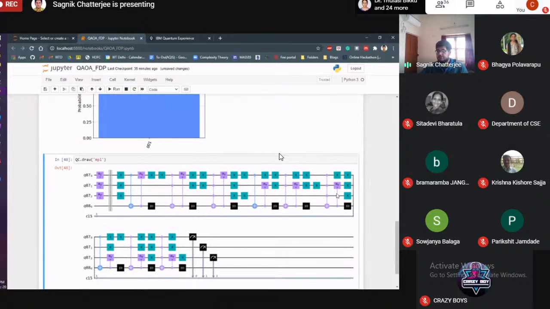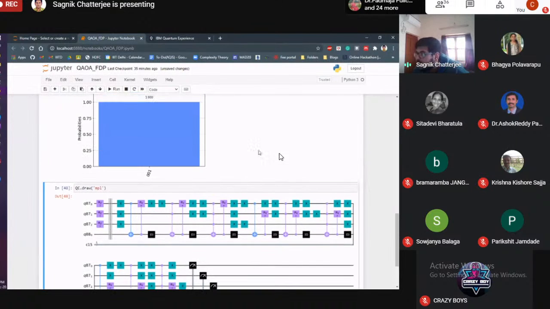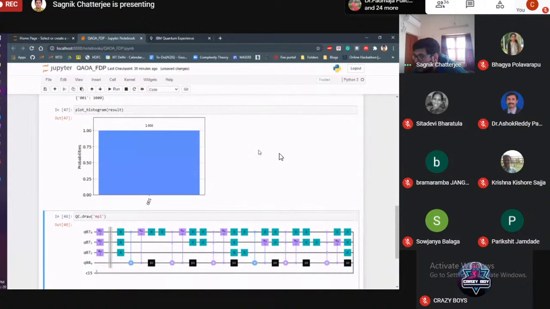This shows you what the circuit looks like. Oh, I think I know what the issue is already. Yeah, you have XXX and it goes just from 1 to 1.